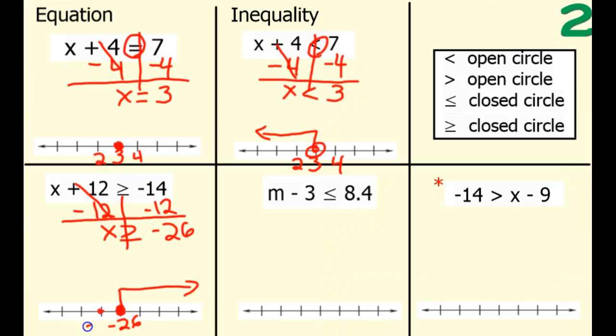Around it, we're going to have negative 27 and negative 25. This shows that x has to be greater than or equal to negative 26. So it can be anything from negative 26 and up. It cannot be anything below negative 26.